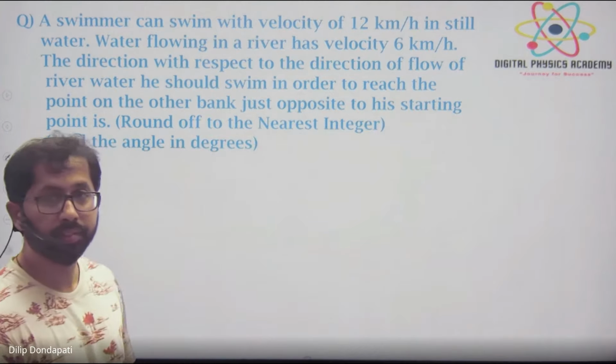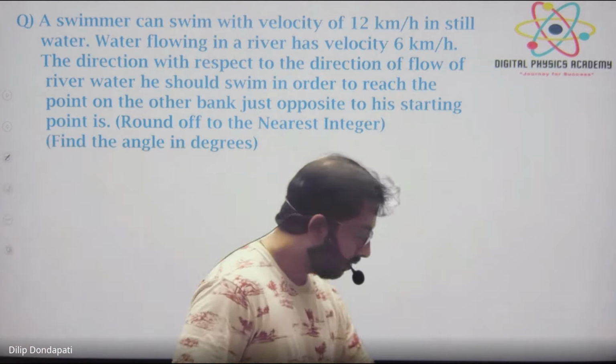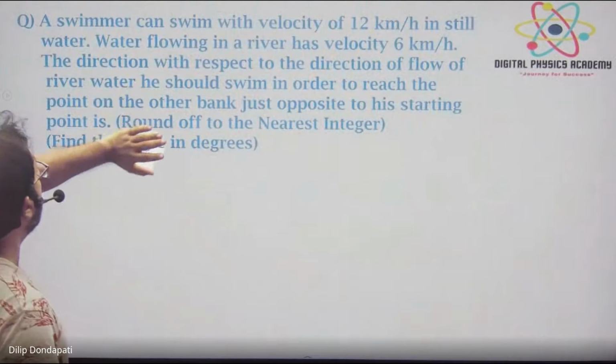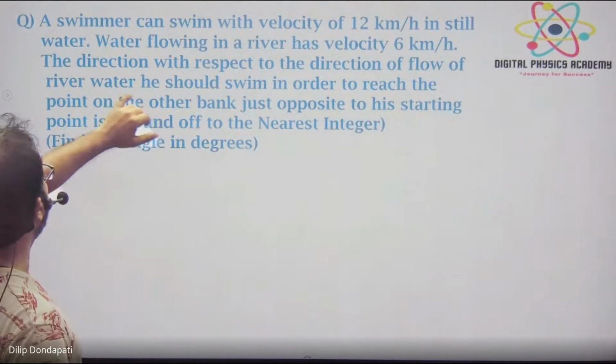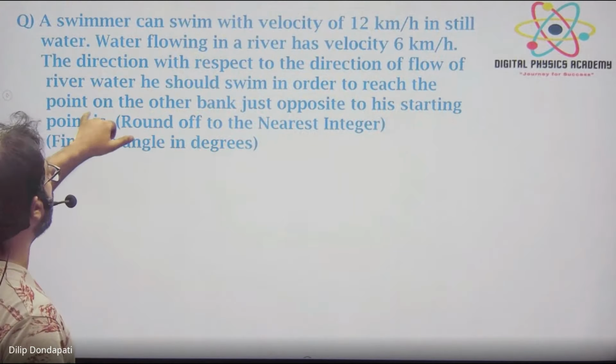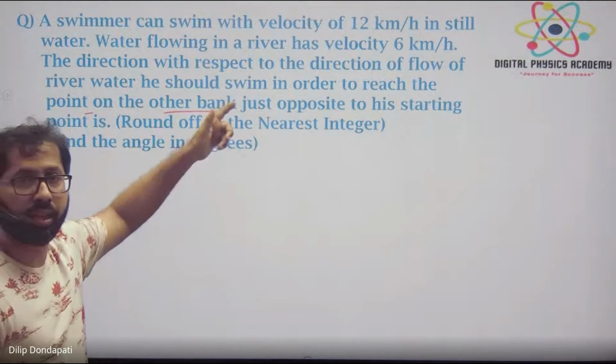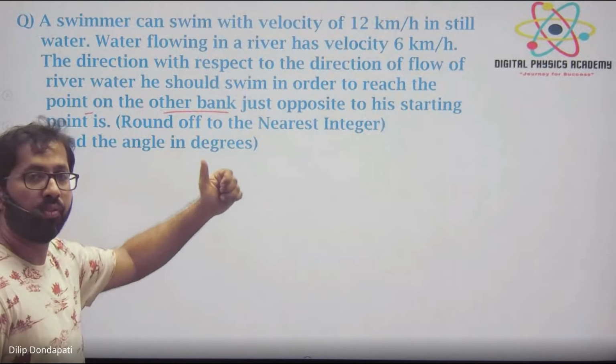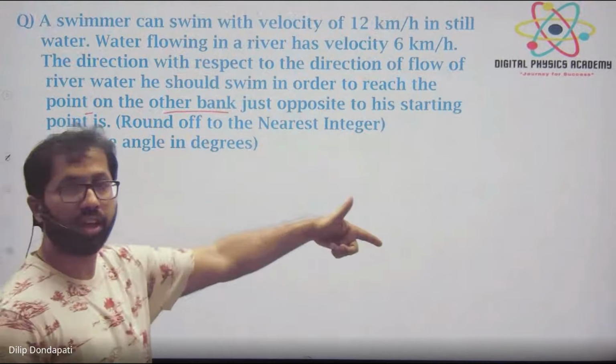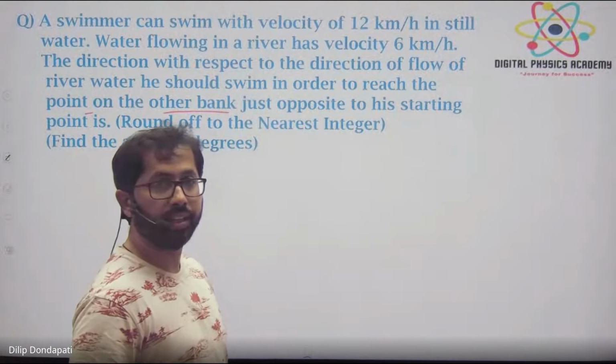आया कृष्णा. देखो, he asked the direction of river flow he should swim in order to reach the point on the other bank exactly opposite, मतलब shortest distance वाला case only. मतलब VMR sin theta is equal to VR, same thing, and find theta.